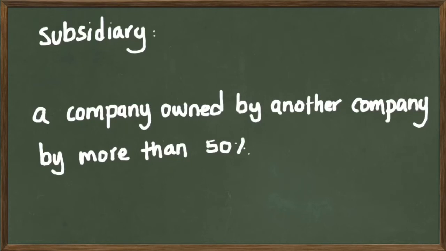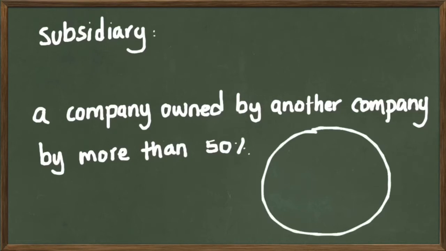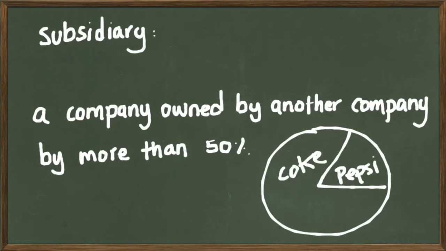So let's imagine that, I don't like using real name companies, but let's do it like that. Let's say that this part belongs to Pepsi. Let's imagine that Pepsi and Coca-Cola are the same company. So the Coke has, let's say, 80% of the company, and Pepsi has the other 20%.